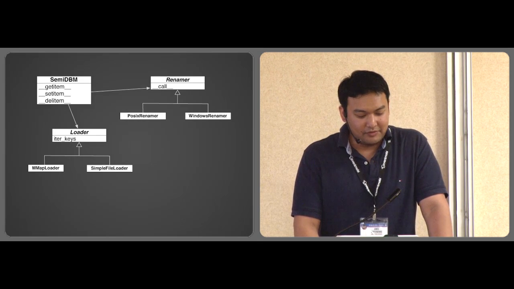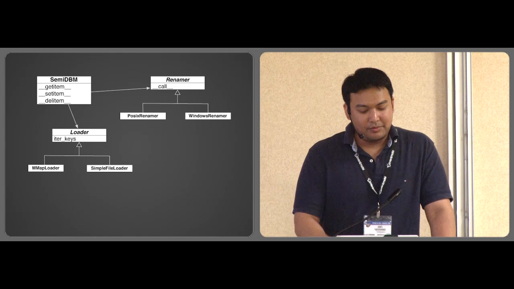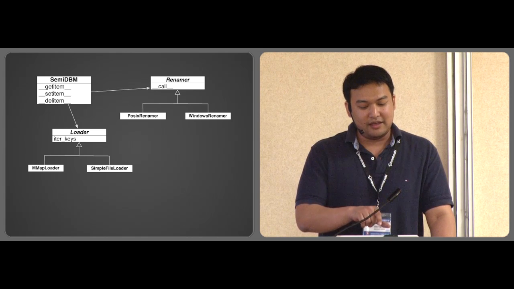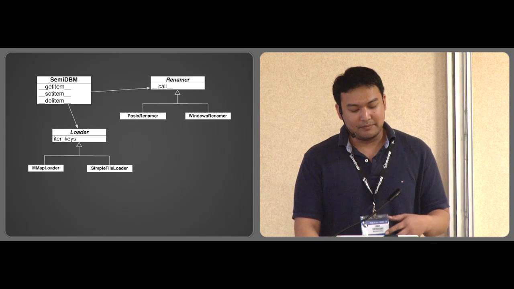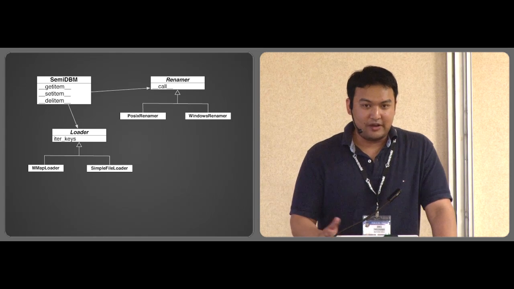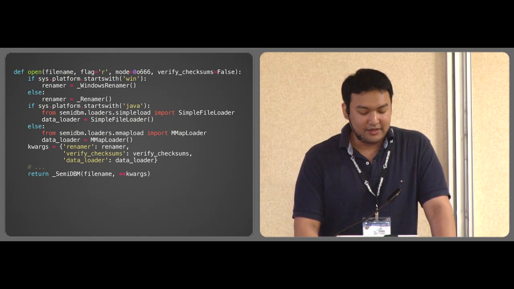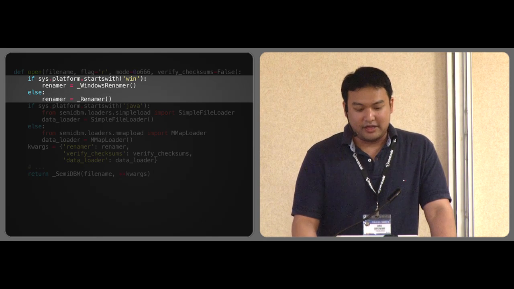And this is an example from a project I work on, which is basically a key value storage in Python. But the point here is that it takes an object that renames things, and it takes a loader that loads things, and then based on certain platforms or whatnot, it will actually use the right version. So an example of this in code is something like this, where if you're on Windows, then use the Windows renamer.